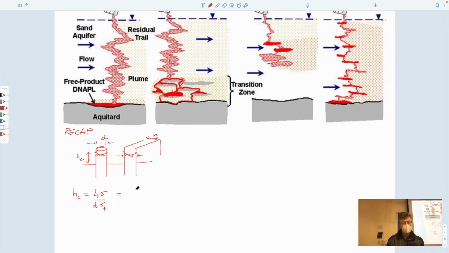And that's the same as for this kind of parallel plate example, which differs only by a factor of 2 to 4, and it's the aperture of the fracture multiplied by the unit weight of the fluid. Unit weight is just density times gravity, you know that. And so what we could also do is we can use this to get what we refer to as a capillary pressure.